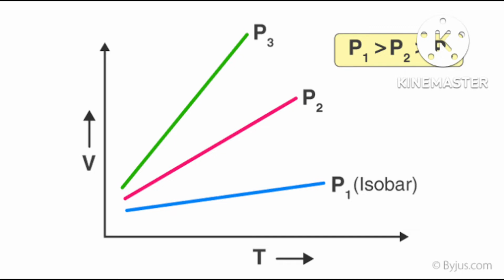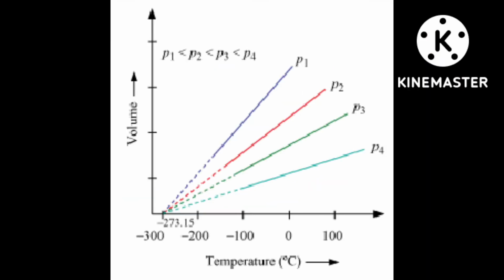Again, if you simplify the term 1 plus t divided by 273.15, taking the LCM, you will get 273.15 plus t divided by 273.15.